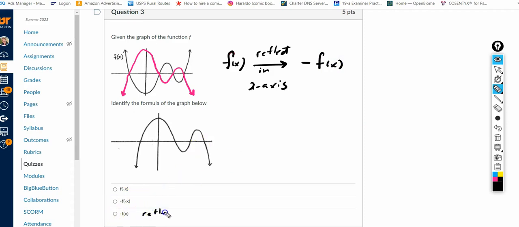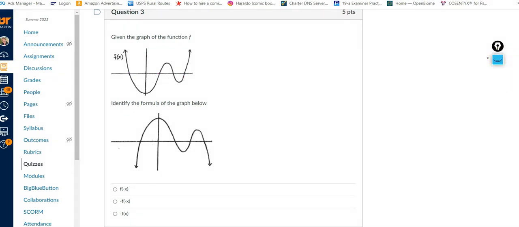That's a reflection in x. This one here is a reflection in y, again from the chart. And this one is both. You reflect in x and then you reflect in y, and the order doesn't matter. So we need an x reflection, and so that's what we're going to have here.